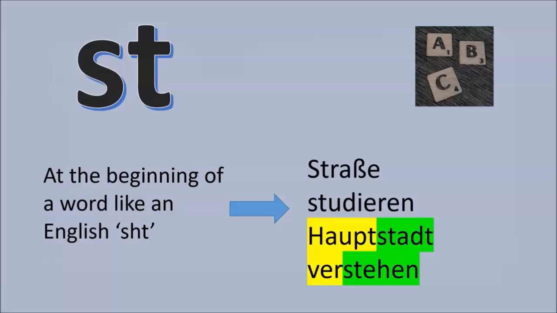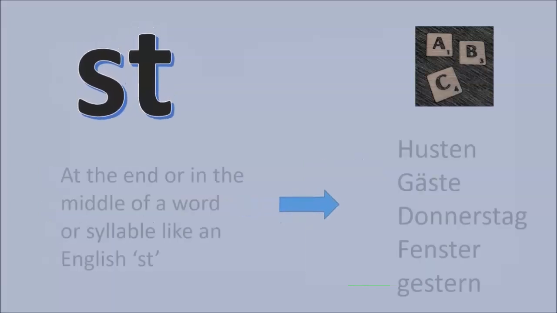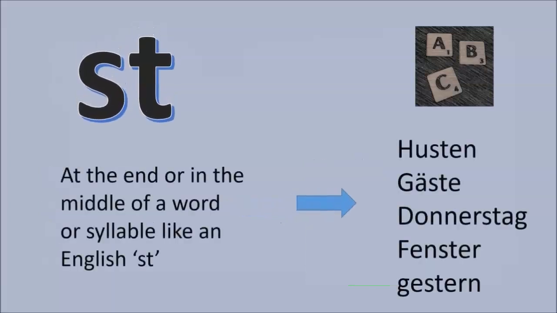And verstehen, because stehen starts with a st sound. So having the prefix there doesn't change the pronunciation. If it's at the end or the middle of the word or a syllable, then it's like the English st. So Husten, Gäste, Donnerstag, Fenster.